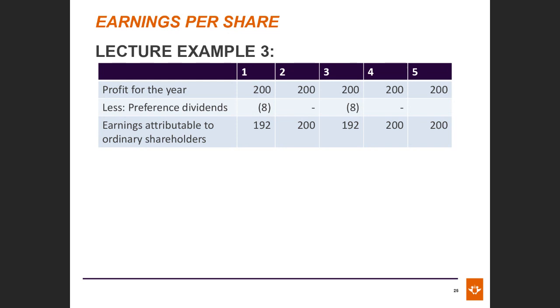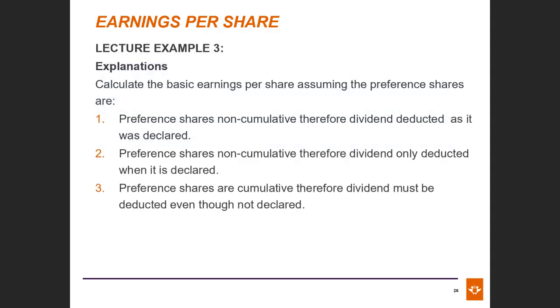Well, in that situation, if the preference share is redeemable and treated as a liability, then the preference dividend would already have been deducted. It would be the same situation as examples 4 and 5, okay? So let's have a look at the next slide. So now we have our basic earnings. We have our earnings attributable to our ordinary shareholders.